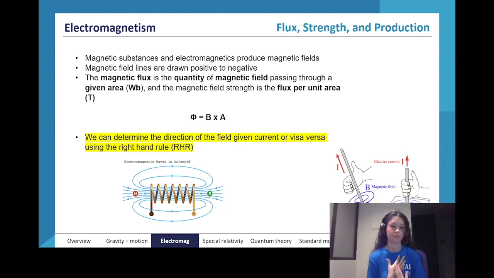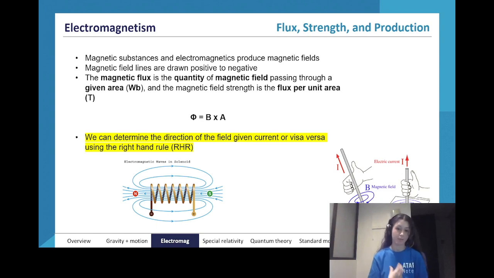So when we're using the right-hand rule with solenoids, we need to consider our fingers being the current instead of the magnetic field as they were with the current carrying wire. So our fingers are going to represent the current in the wire, and then our thumb is going to represent the direction of the magnetic field.